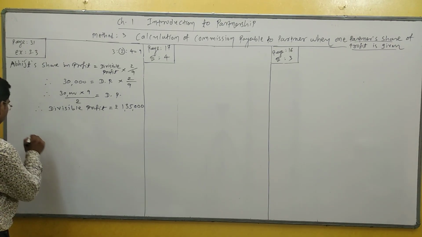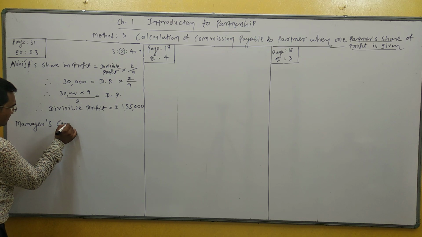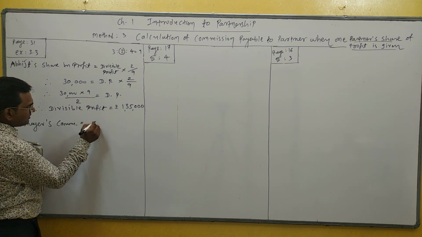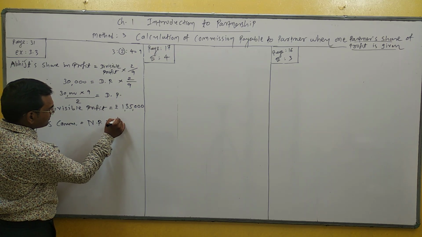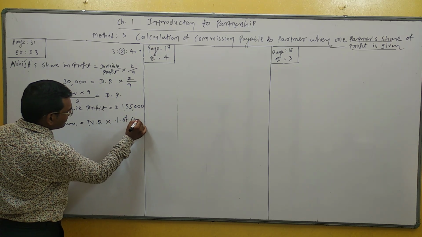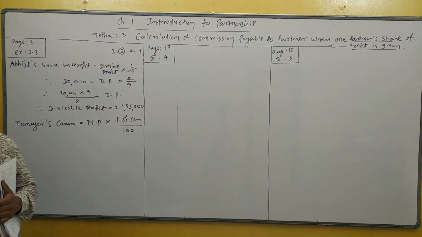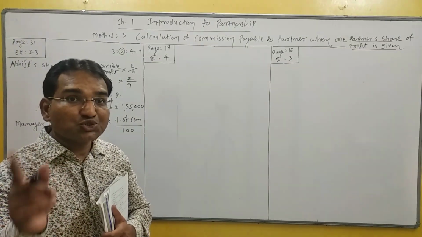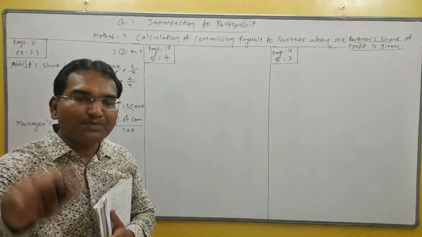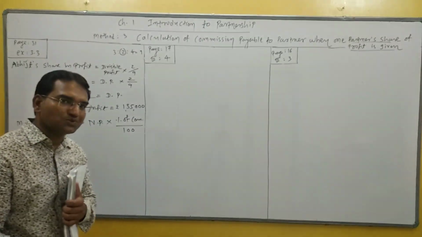So manager commission is equal to net profit, meaning divisible profit, into percentage of commission divided by 100. Students, here commission is to be calculated on net profit after deduction of such commission, and this is profit after deduction of such commission.